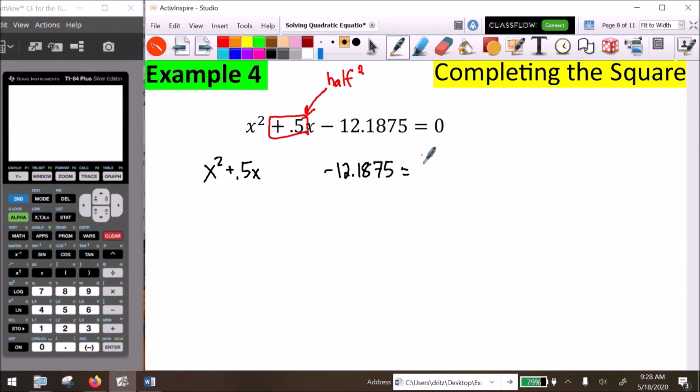So I'm going to take half of 0.5, square that, and add it on both sides of the equal sign. 0.0625. I added it here, and I added it here. 0.0625.